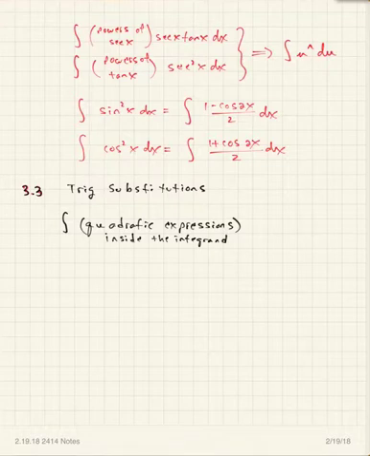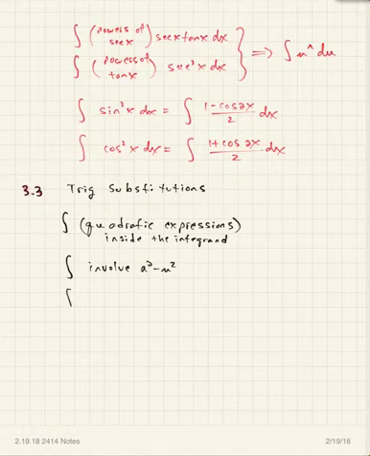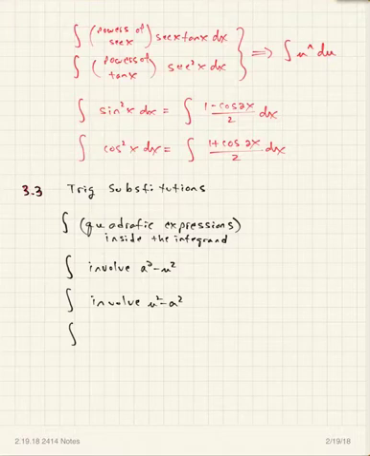Okay, so in particular, we're looking at these. What we want to do is look at integrals that involve a squared minus u squared, integrals that involve u squared minus a squared, and integrals that involve a squared plus u squared.